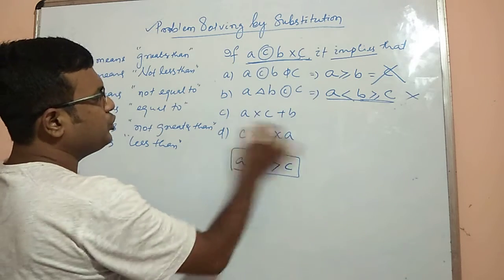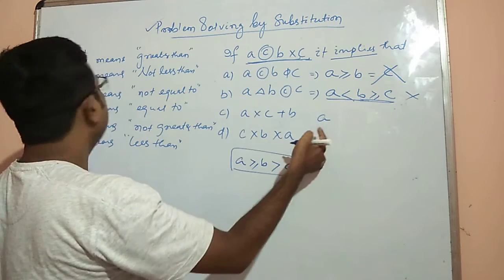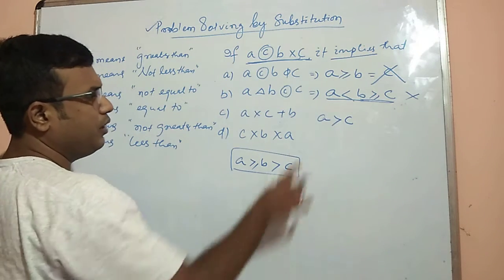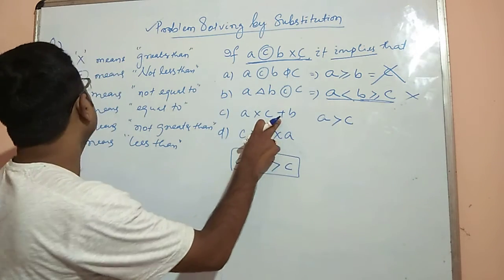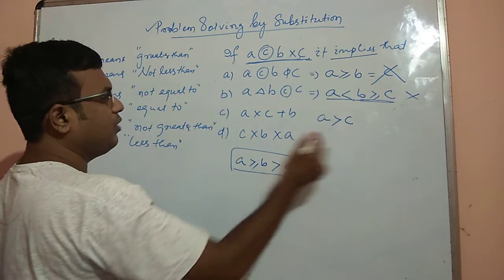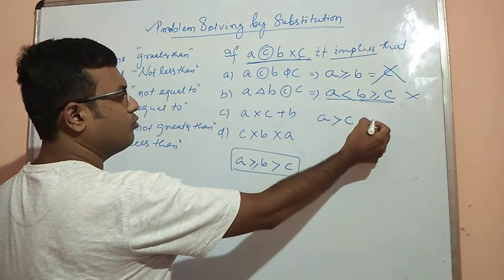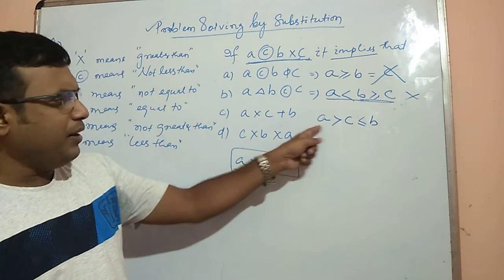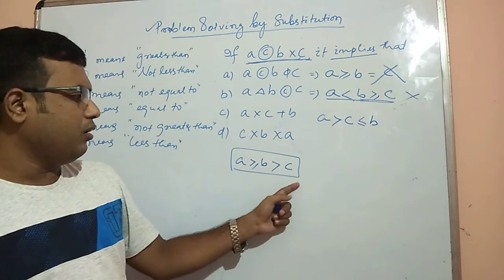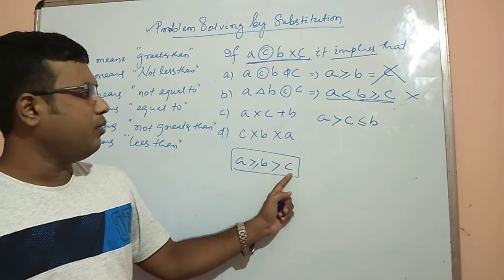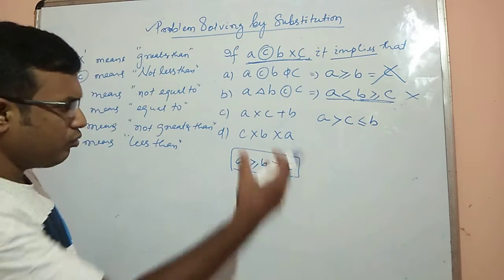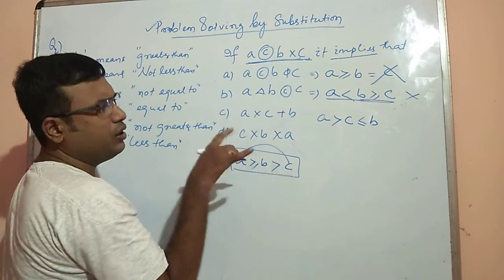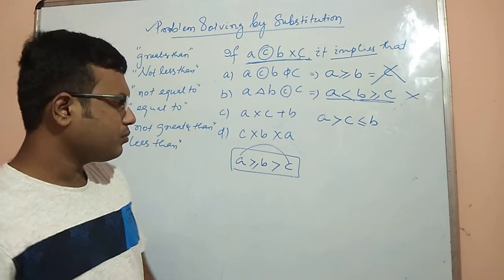Right? Then C, A into means greater than C. A greater than C. Then plus means not greater than, that means less than equals to B. Right? You check every element, that means the elements are not in the order of the question. ABC is given in the question, but it is given that ACB. So here you compare. See, when you compare A to C in the question, A greater than C. Here is also A greater than C. Alright.